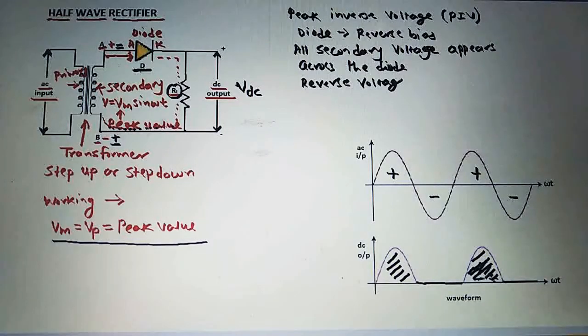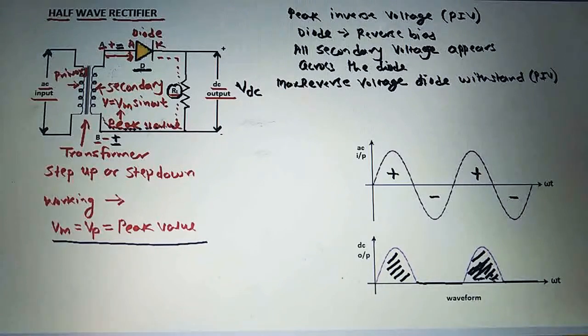So the maximum reverse voltage the diode can withstand is called the peak inverse voltage.